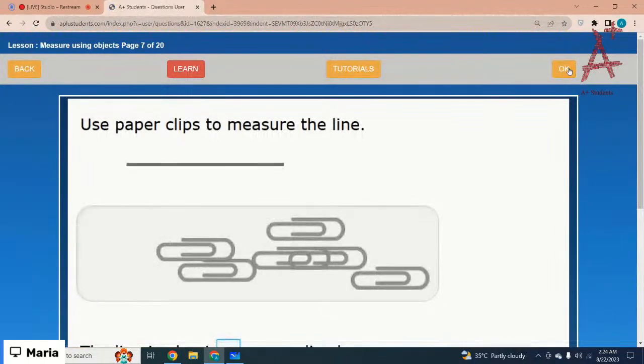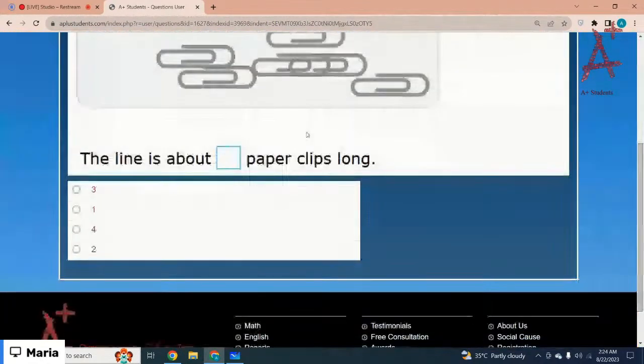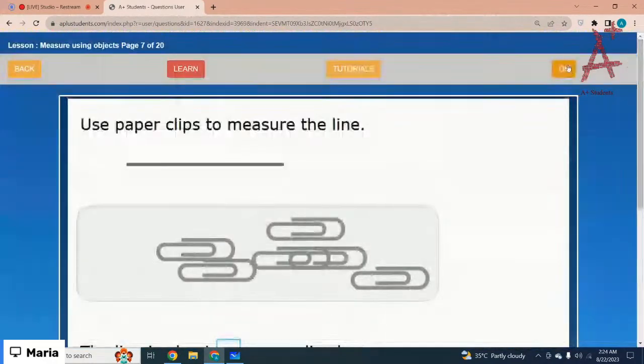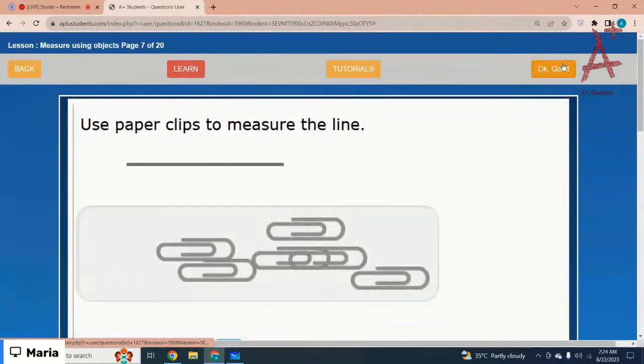Use paper clips to measure the line. So which is the correct option? I think this one is just 3 paper clips long. The correct option is 3. The line is about 3 paper clips long. Just 2, I think.